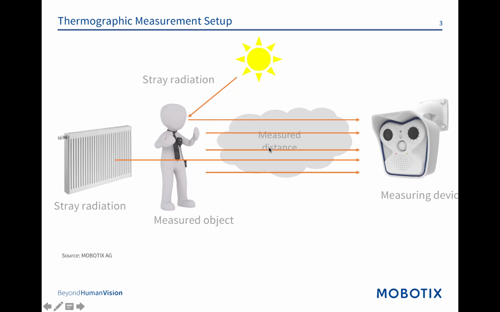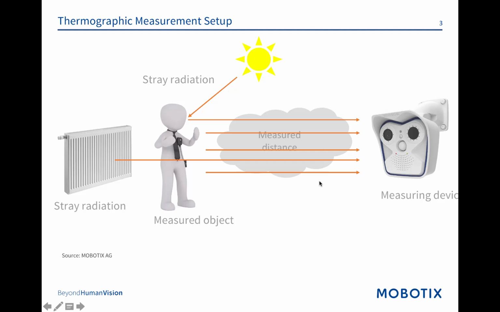Yeah, and then we have also a part of radiation what we also measure, and this part of the radiation is radiation what is going through our object. Yeah, so we have also some stray radiation. Yeah, so here this heating, and with this heating, of course, there is also some radiation what is transmitted through the body and what is also measured here with our measuring device.